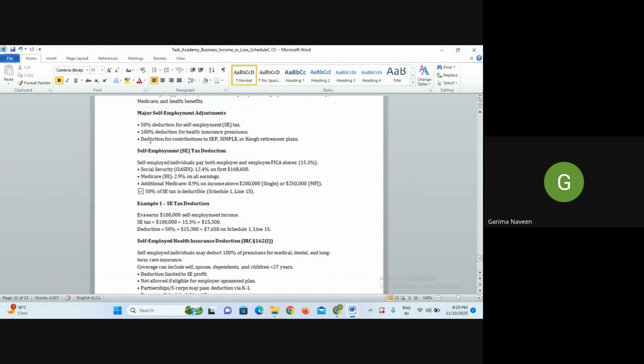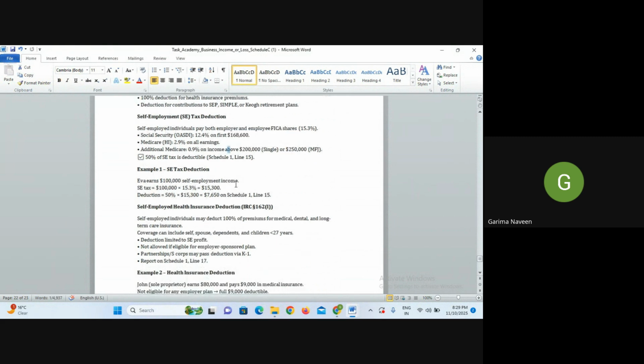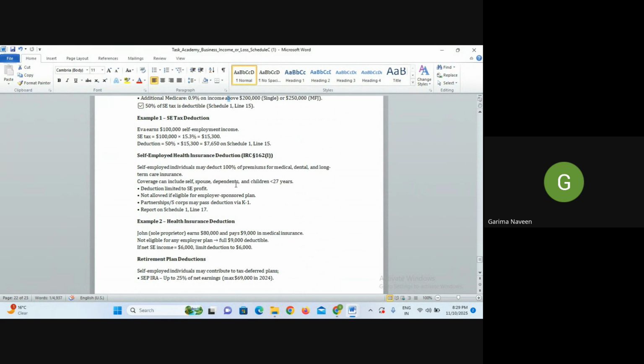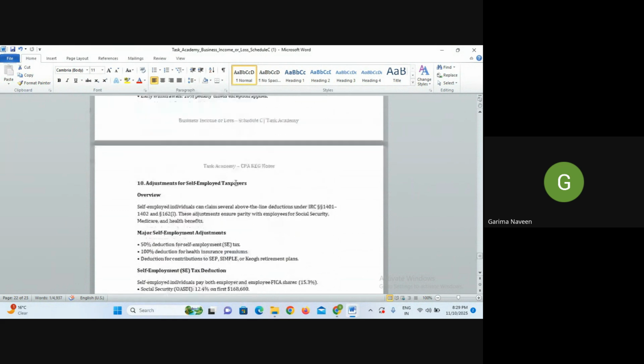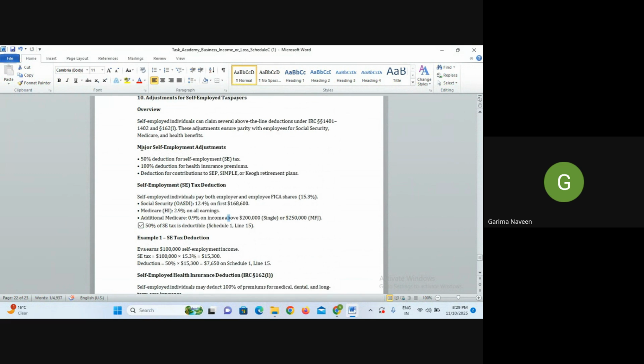This 50% is calculated upon the net earnings. So the major self-employment adjustment is, if you are paying self-employment taxes, then you can get the 50% deduction.